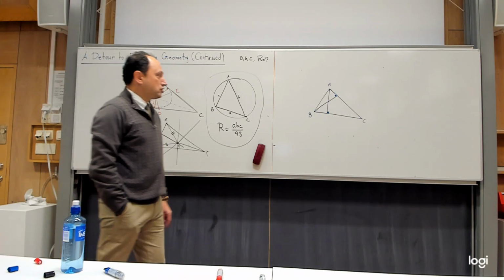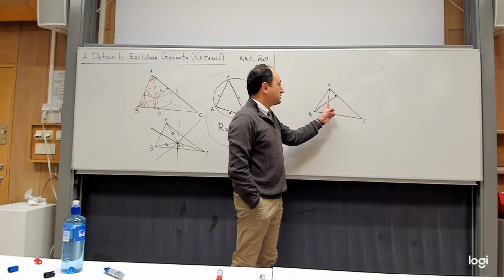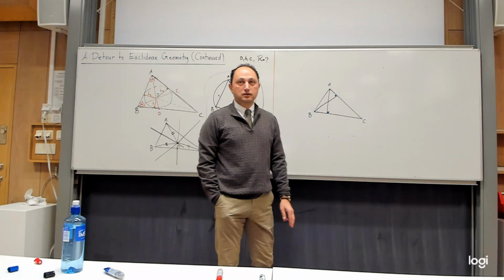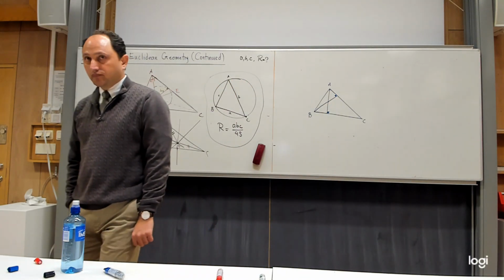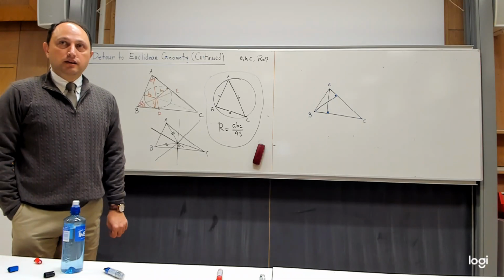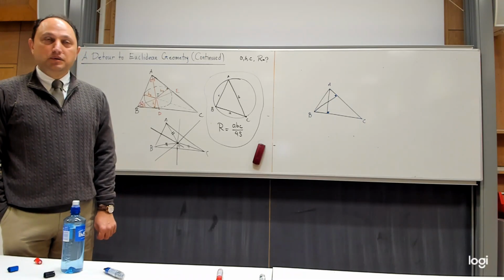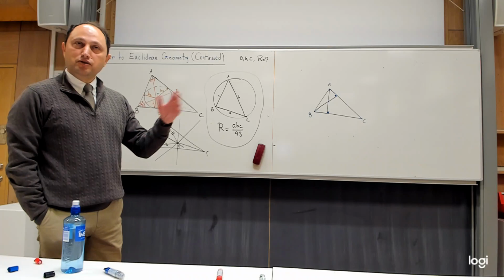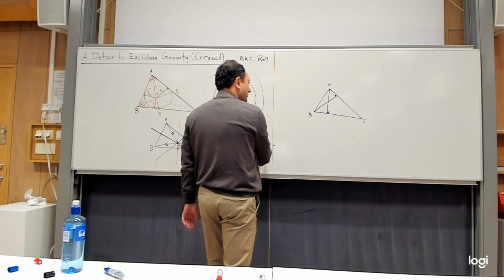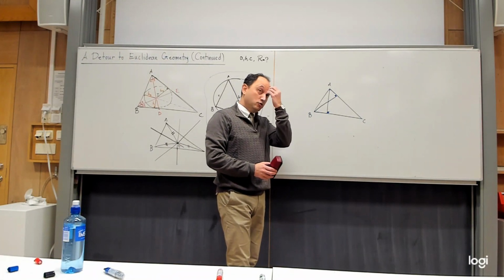But I want to show that the third one passes exactly through this point. Okay? Let me just give you the proof and then try to enjoy it. The proof is very nice and very elementary, but you need to be very creative.